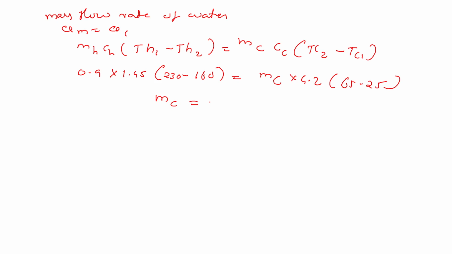So mc will be 0.545 kilogram per second. Okay, then the surface area of the heat exchanger you will get.